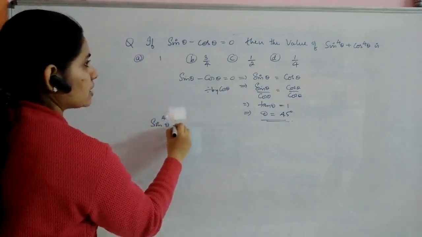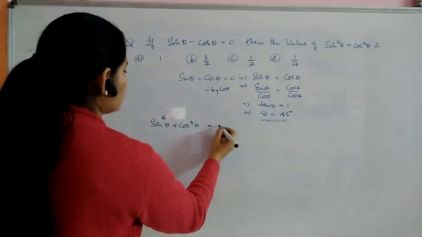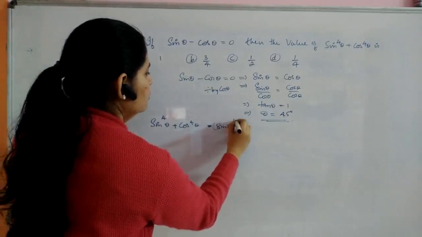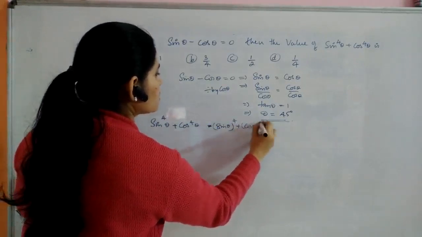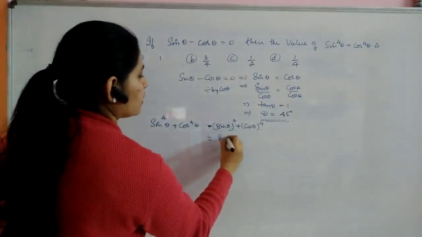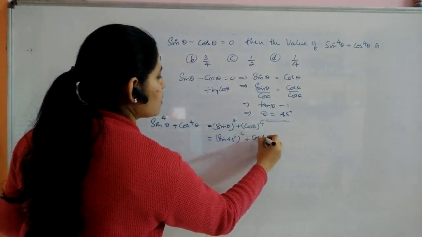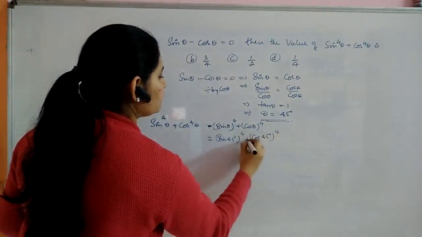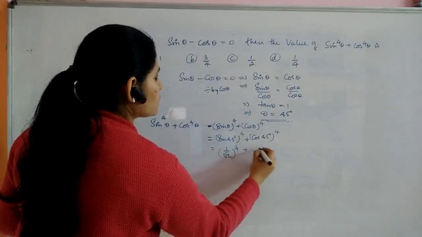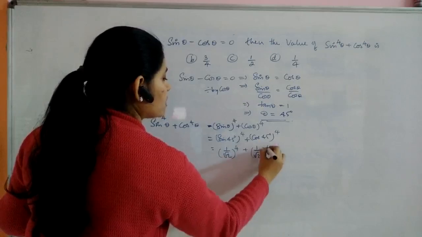Sin raised to 4 theta plus cos raised to 4 theta is equal to, this is sin theta the whole raised to 4 plus cos theta the whole raised to 4, actually written like this. And sin 45 is what? It is the same as cos 45. And what is the value? 1 by root 2. So it is 1 by root 2 the whole raised to 4 plus 1 by root 2 the whole raised to 4.